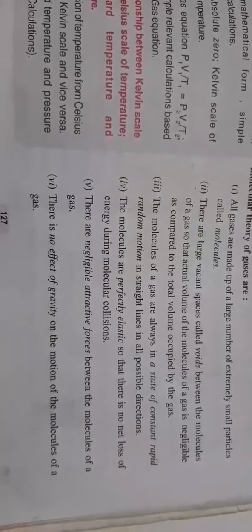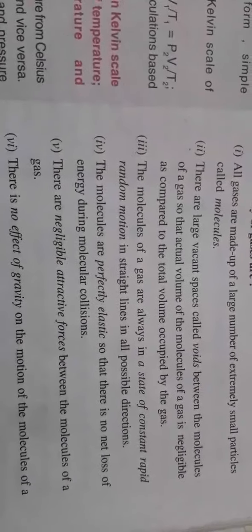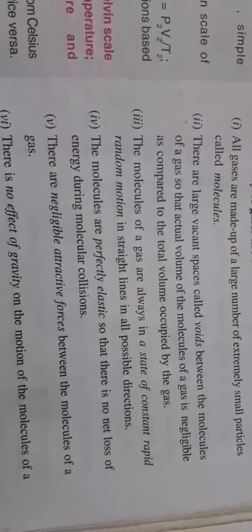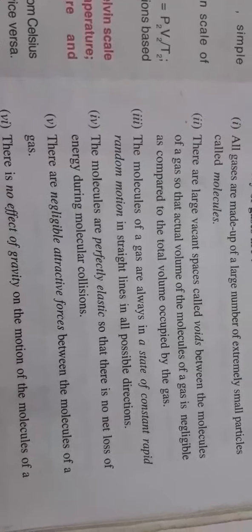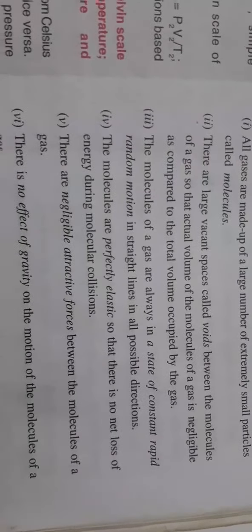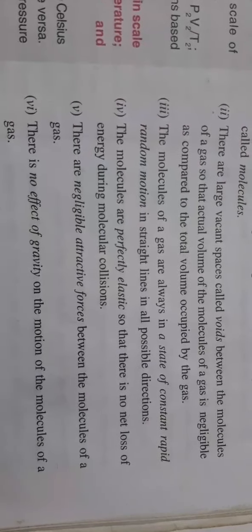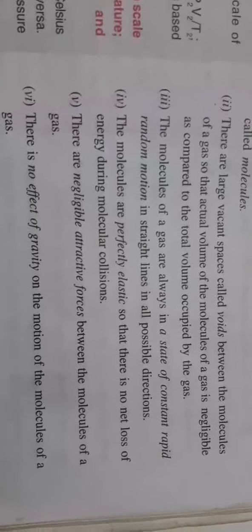Molecules of gas are always in constant rapid random motion in a straight line in all possible directions. Molecules are perfectly elastic, so there is no net loss of energy during molecular collision.